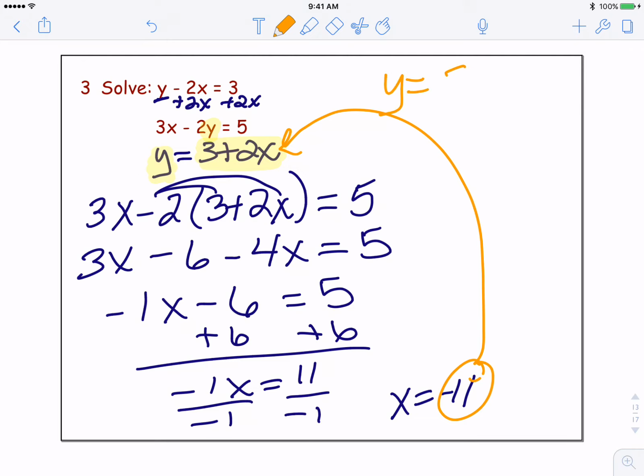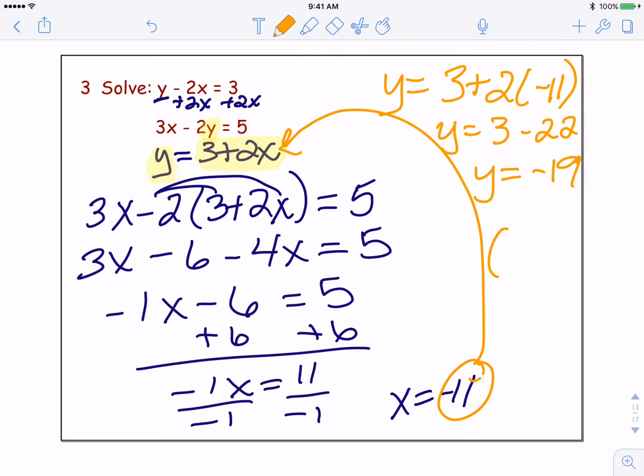So y would be equal to 3 plus 2 times a negative 11. Once again, put parentheses around that negative 11 to show multiplication. So y equals 3. 2 times a negative 11 is a negative 22. So then y equals negative 19. So your x comma y answer is negative 11 comma negative 19.